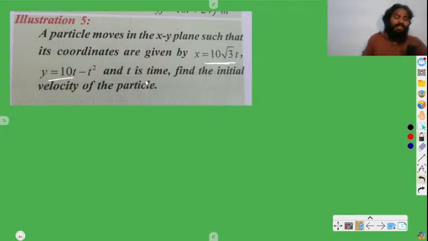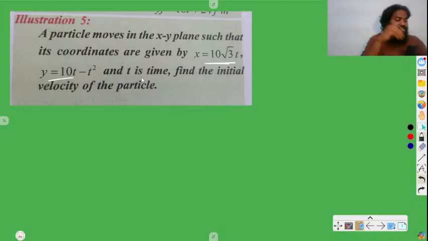Find the initial velocity of the particle. A particle moves in the xy plane such that its coordinates are given by x is equal to 10 root 3 into t, y is equal to 10t minus t square. Find the initial velocity of the particle.